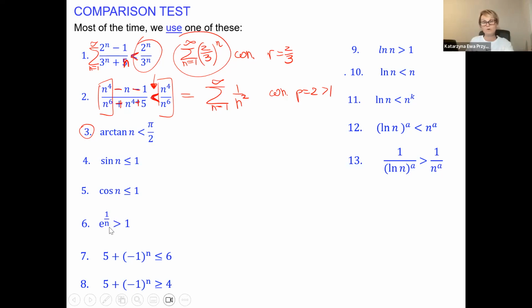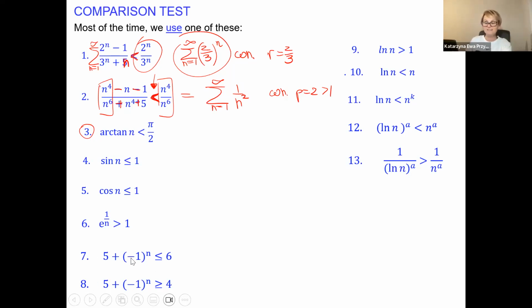Because e to the power of 1 over n will be e to the power of 0 if n is infinity, n is big. But it will be e, square root of e, cube root of e. It's getting smaller and smaller, but the limit is 1. That means all of the terms are greater than 1. I'm just testing if the inequality is okay.